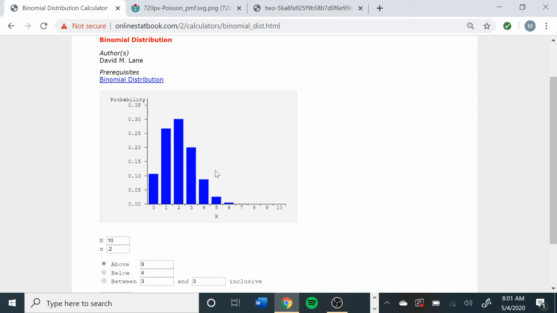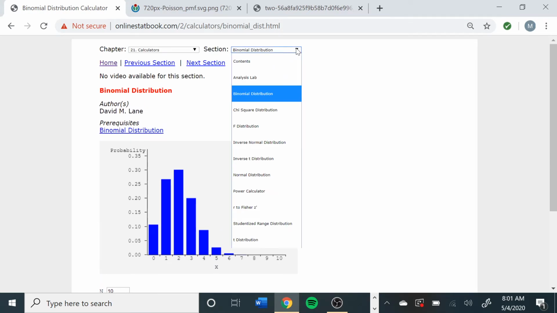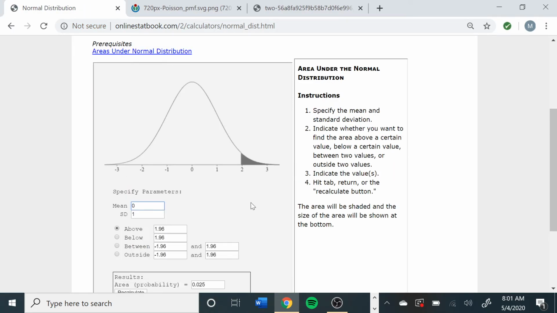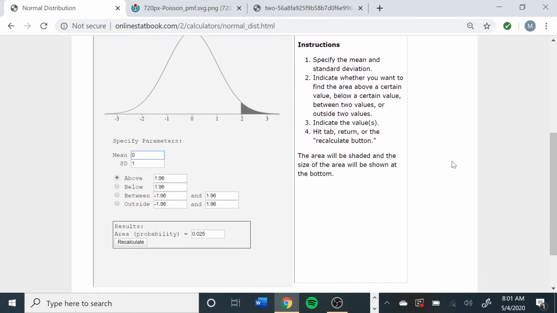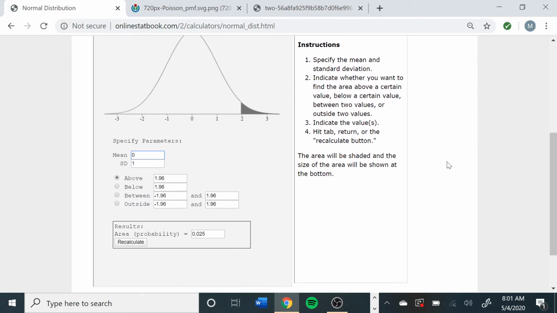So we have one for the binomial distribution, and we also have one for something called the normal distribution. Most students are familiar with normal distributions. We're going to be looking at these more closely in Chapter 7, which is what the next unit is going to cover. So it doesn't hurt to meet this distribution now.